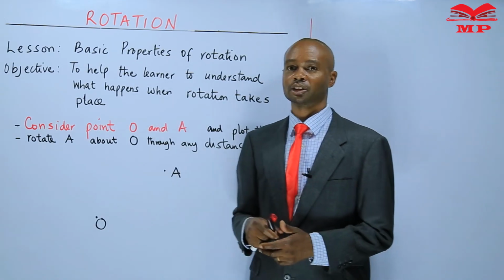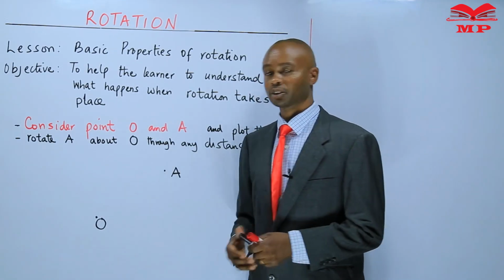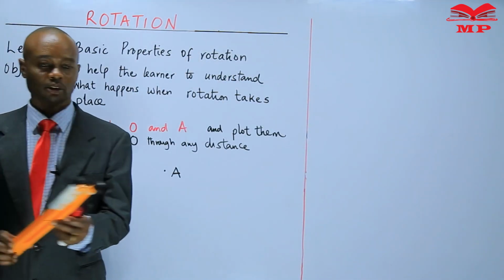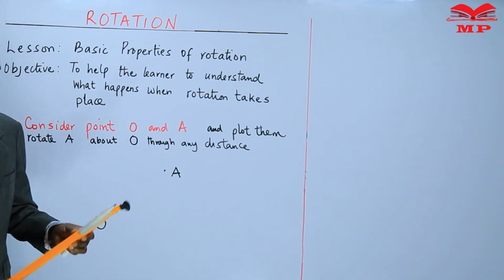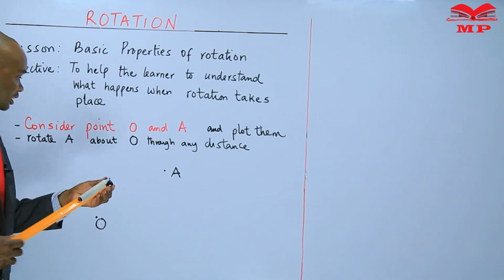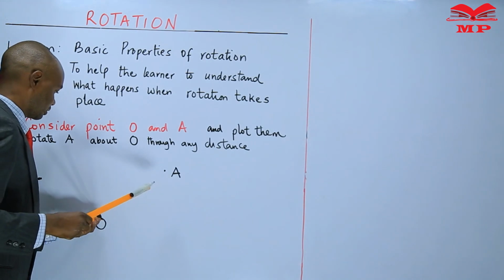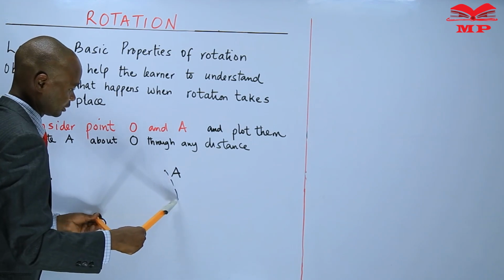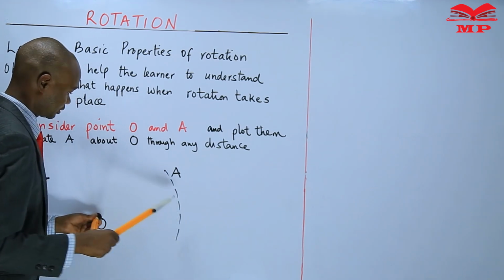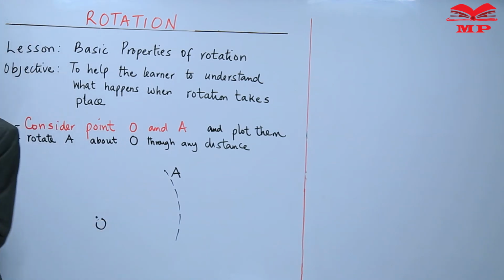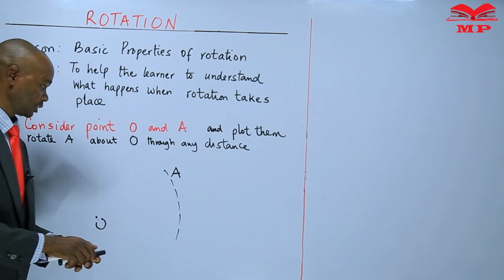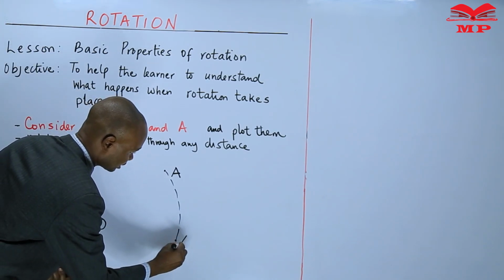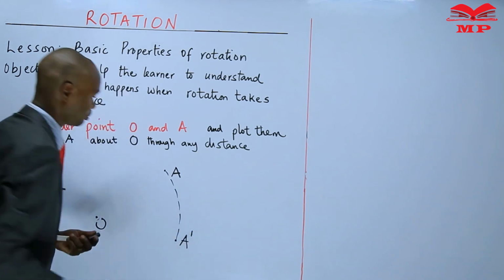So the two statements show us that the center of rotation is O. When I rotate through any distance and come to a new point, I can call that new point A prime.